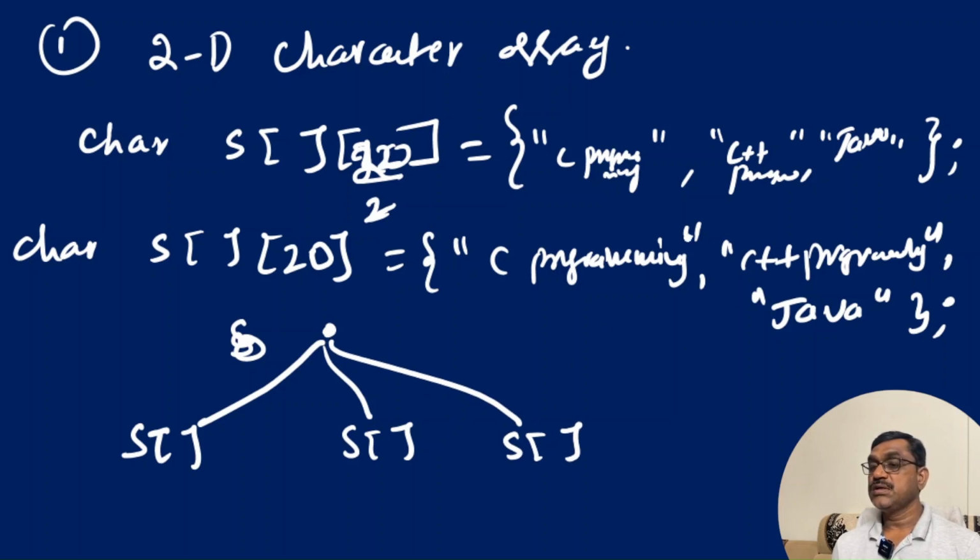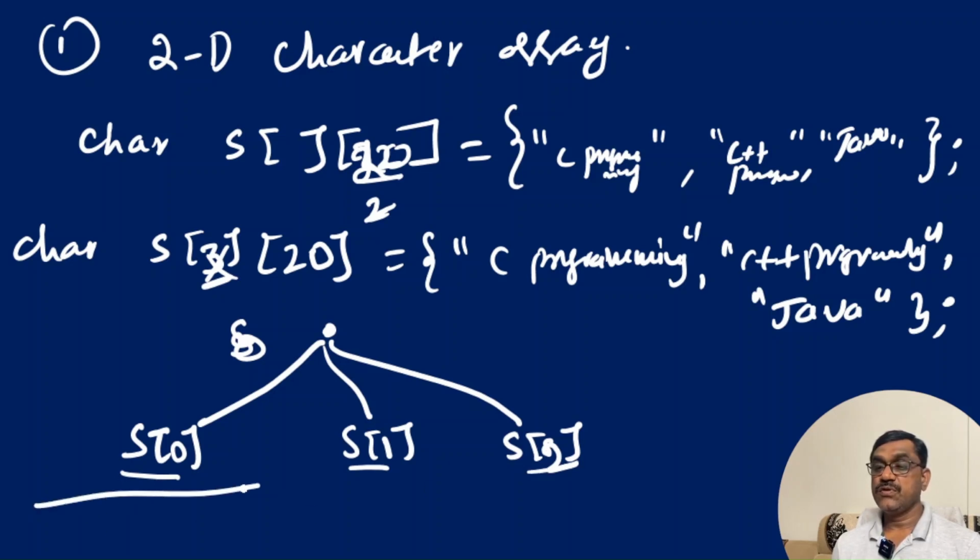Now when we entered 3 strings here, by default this dimension becomes 3. Though we have not mentioned it here, it automatically becomes 3. Now the first one is S of 0, second one is S of 1 and third one is S of 2.